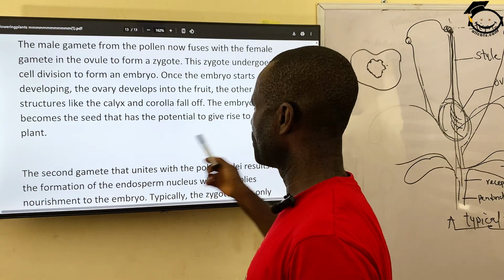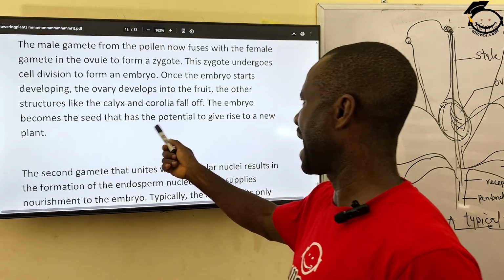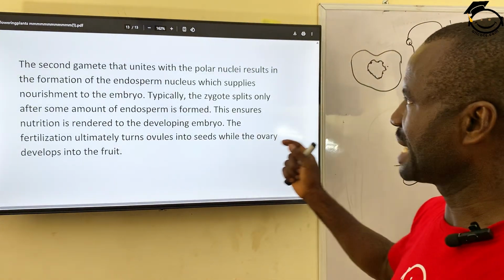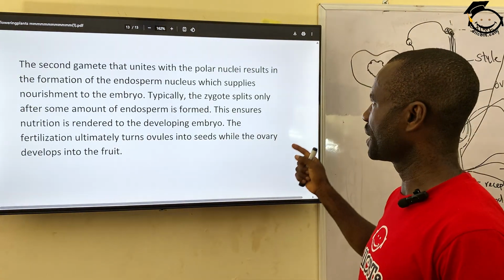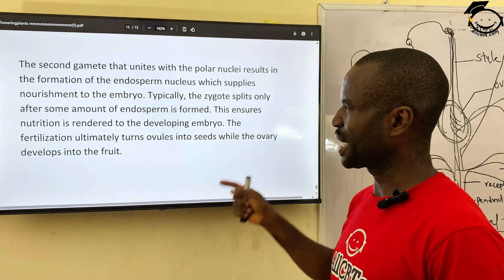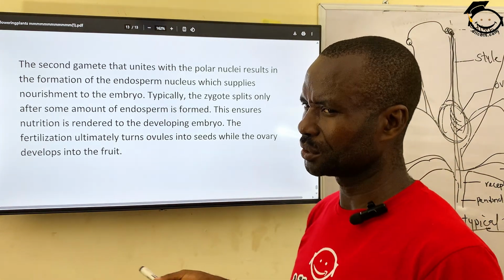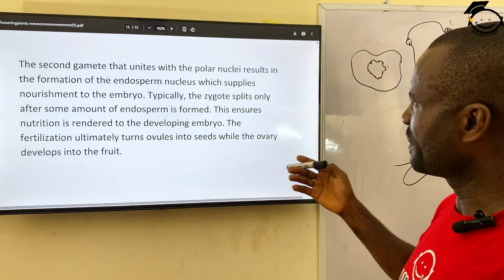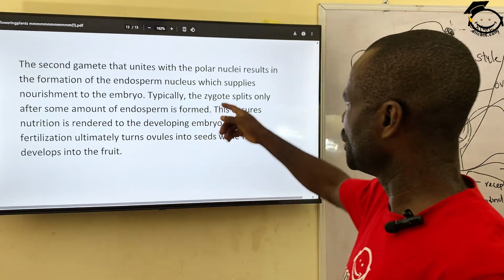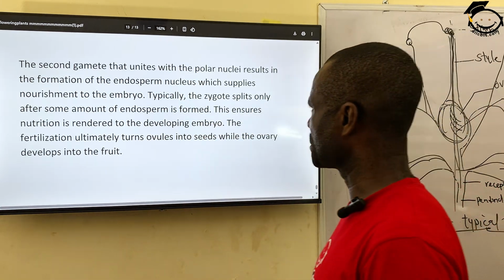So the embryo becomes the seed that has the potential to give rise to a new plant. The second gamete that unites with the polar nucleus results in the formation of the endosperm nucleus, which supplies nourishment to the embryo.